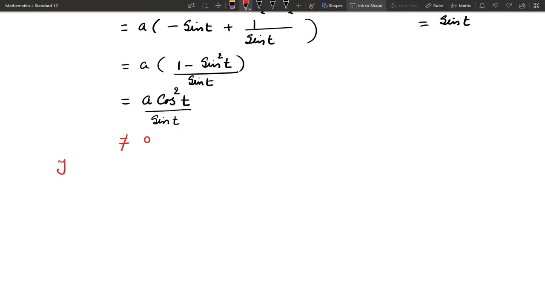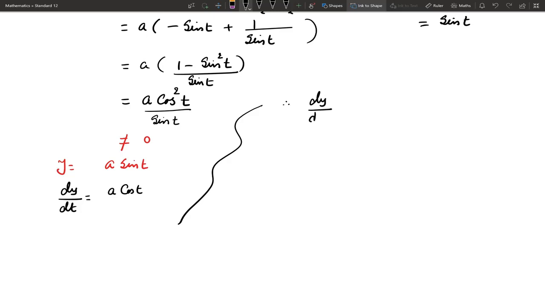Now y equal to a sin t, so dy by dt, the derivative of sin t is cos t. Therefore dy by dx is dy by dt upon dx by dt.